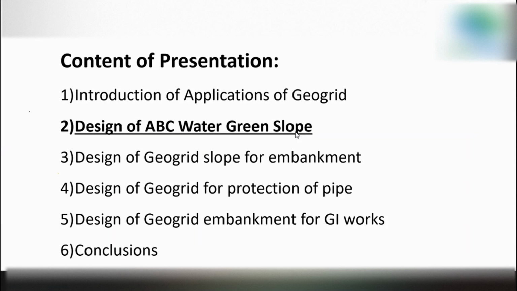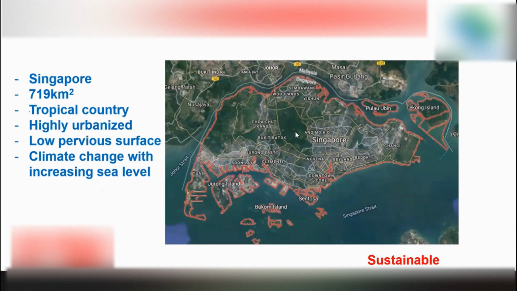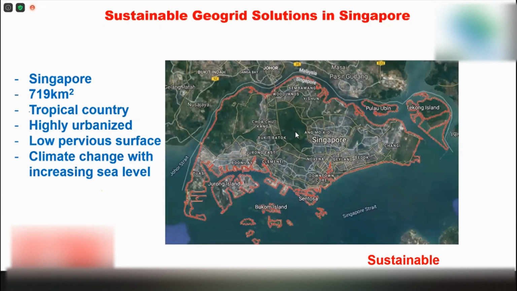The first one I want to show you is an ABC Waters project in Tampines. We are using Tensar Geogrid to build a green slope or bioengineering slope in the ABC Waters project. I need not introduce this slide, you should know better than me.